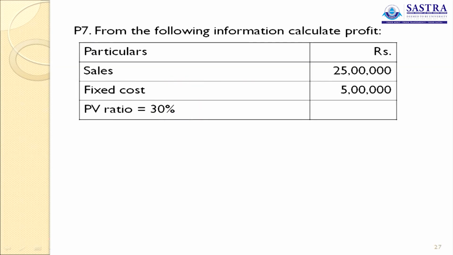Problem number 7. From the following information, calculate profit. Sales 25 lakh, fixed cost 5 lakh, but PV ratio 30% on sales. So, once you apply this 30% on sales, contribution will arise. So, contribution equals 30% on sales, which is 7,50,000.